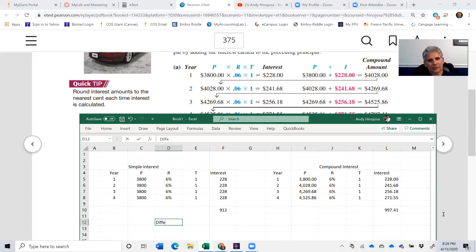We take the difference between the simple and the compound interest. We know that compound's larger, so we'll take the compound and subtract the simple interest, and the total is $85.41. So compound interest resulted in higher income for that period of time, for the 4 years at 6%. The difference was $85.41.